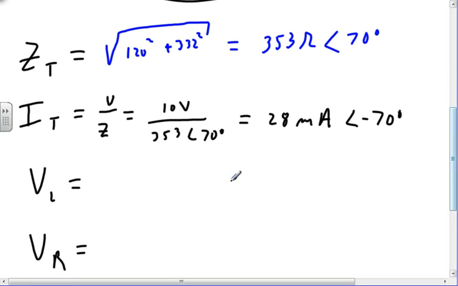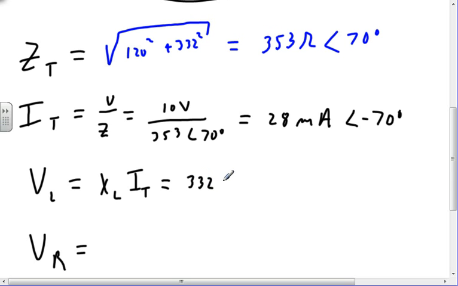The voltage across the inductor is X sub L times the total current. If I could spell total current, which I obviously can't. All right, so that'd be good.